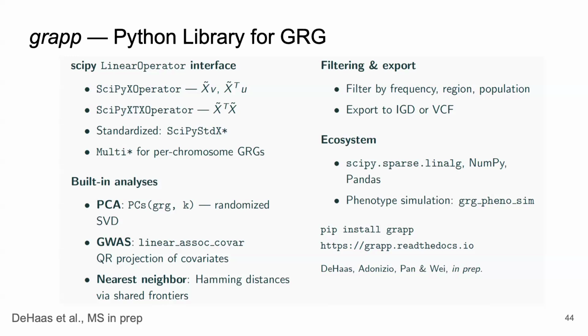We also built data filtering based on frequency, regions of the data, and sample ID, something similar to what people use Plink for, that is to do quality control of the data for their downstream analysis. It is now both a command line tool and also a Python library.